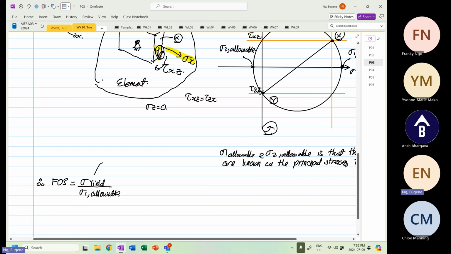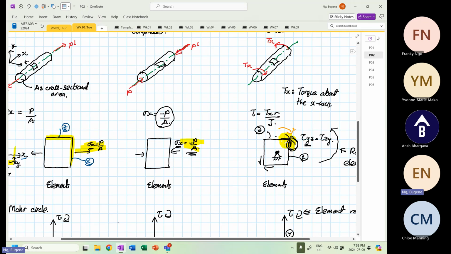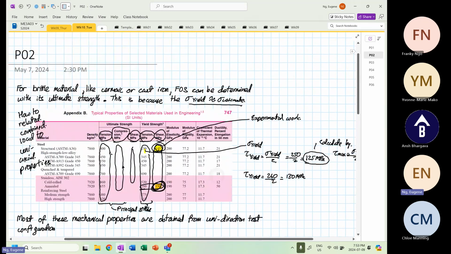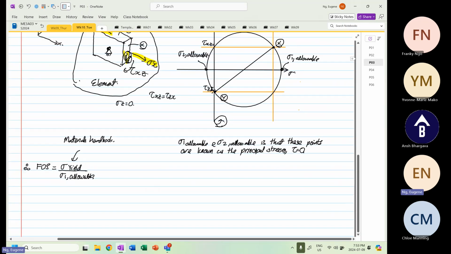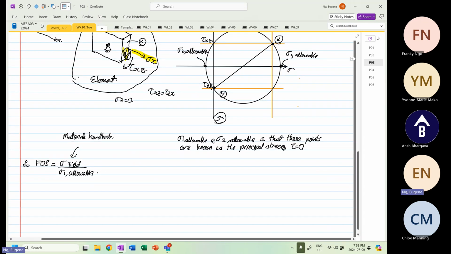So over here, this is from the materials handbook. Materials handbook are basically data from this table, as you can see over here. So now we can relate them. The allowable is basically this point over here.